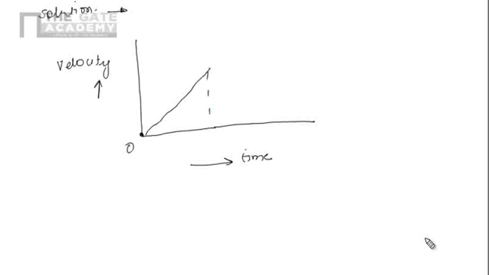So this time interval we can say is t1, and then it retards to rest in another time interval. Suppose it is t2. So I am just giving the points O, A and B, and this one is C. So we have two triangles, OAC and ACB.